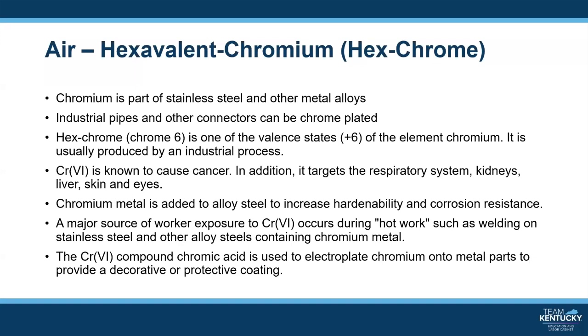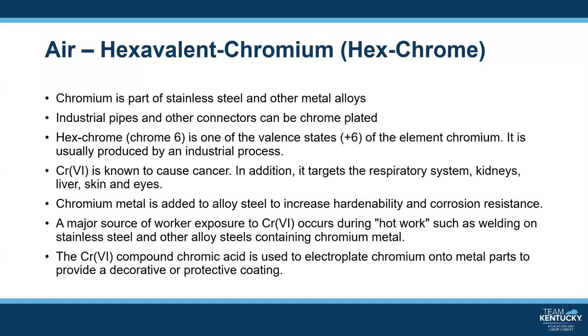Hexavalent chromium is one of the valence states, which is +6, of the element chromium. It is usually produced in an industrial process. Chrome-6 is known to cause cancer. In addition, it targets the respiratory system, kidneys, liver, skin, and eyes.